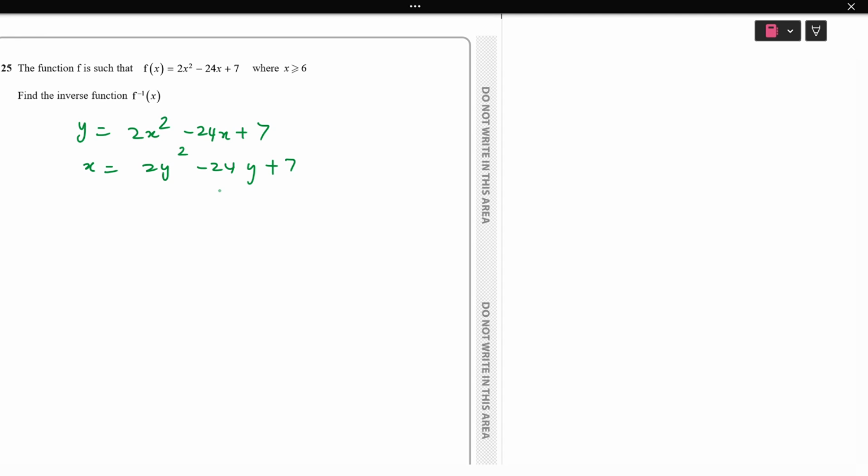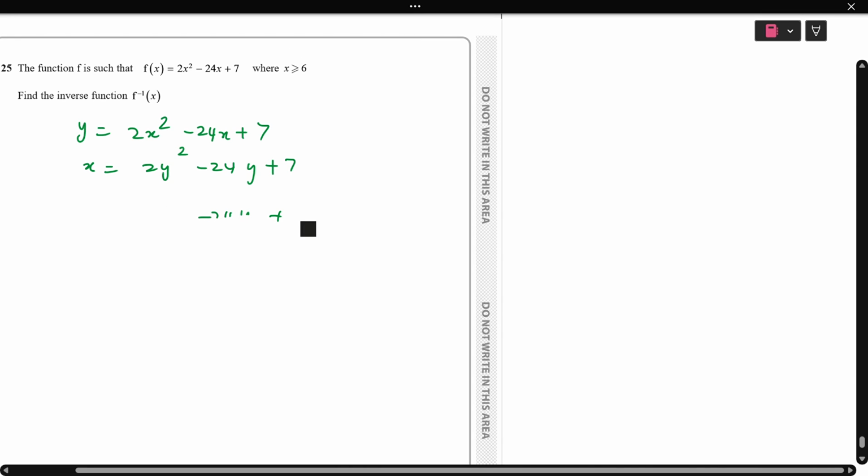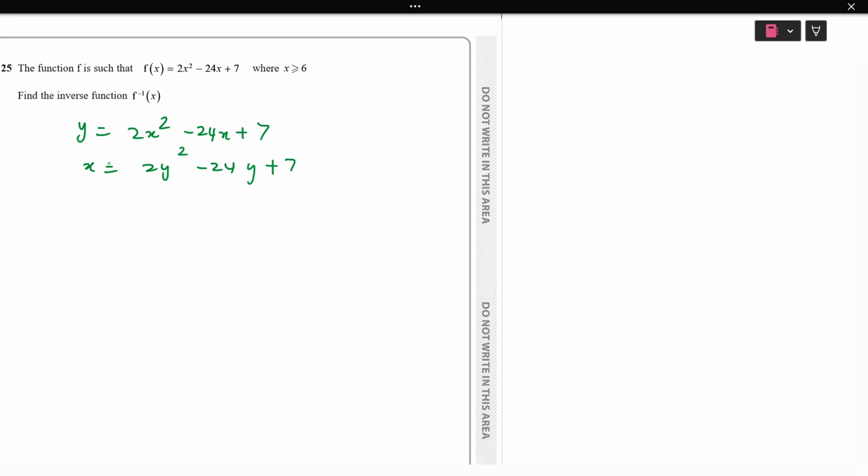So we'll complete the square, otherwise we cannot make y the subject. Just a minute. We'll bring a 2 out as common: 2 into y square minus 12y plus 7 by 2.